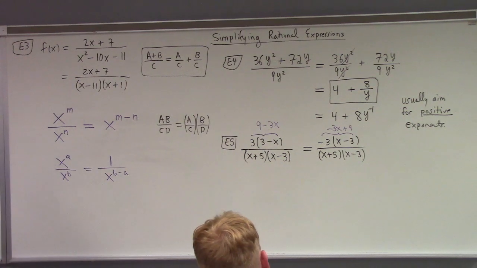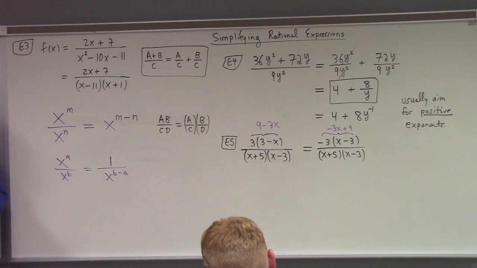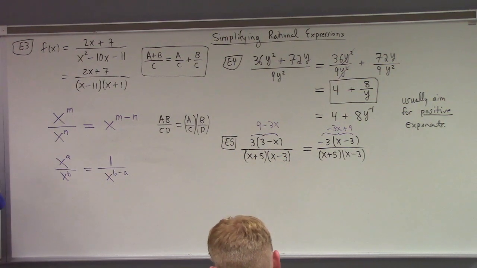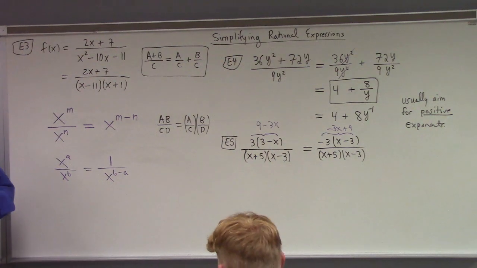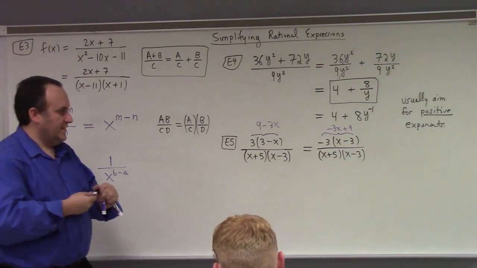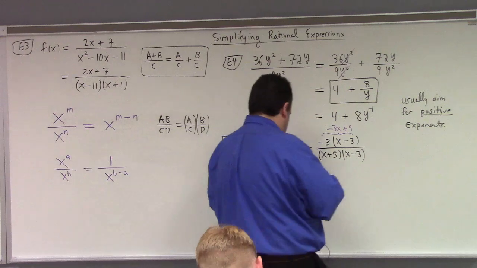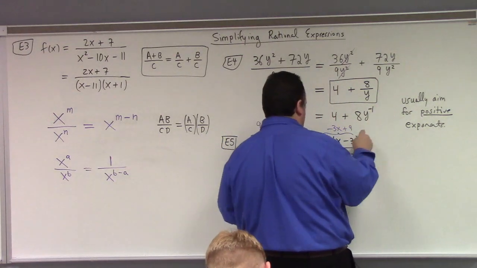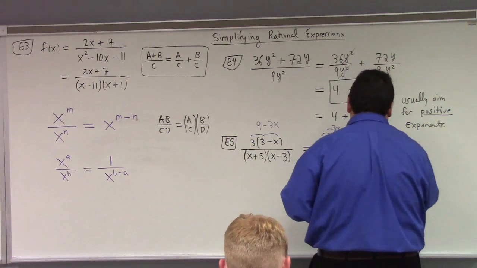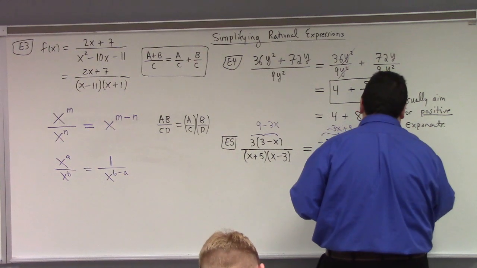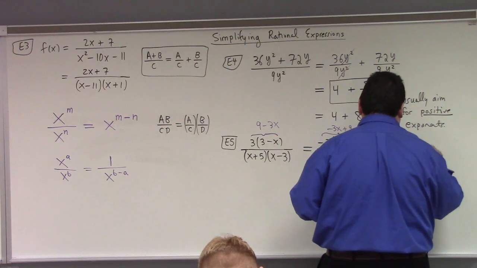The judge of any factoring step is, does it multiply out? It does. Yay. Now what? Cancel the x minus 3's. Woohoo! And we're left with minus 3 over x plus 5.